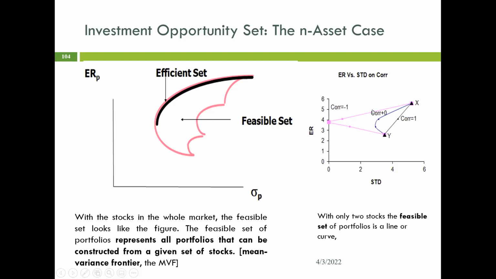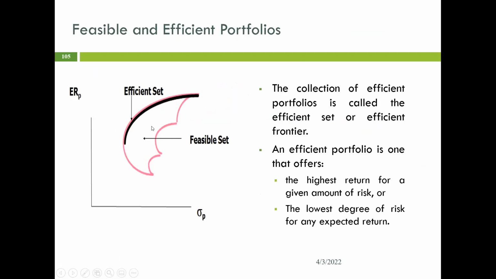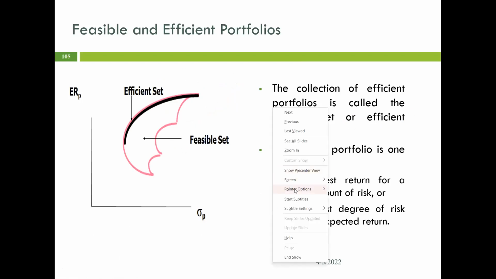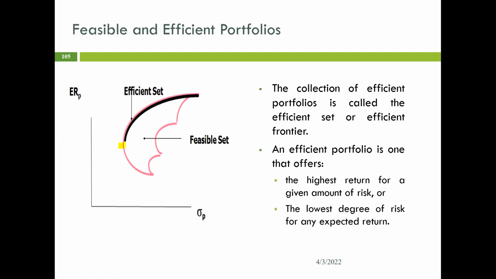If you construct a portfolio with only two stocks, this is the limit of diversification, the shape of the path of diversification. But this is with 3,000, 5,000, 200, 900 stocks. So this is the feasible set of portfolios. In this feasible set, from here to here, we call that the efficient portfolio.